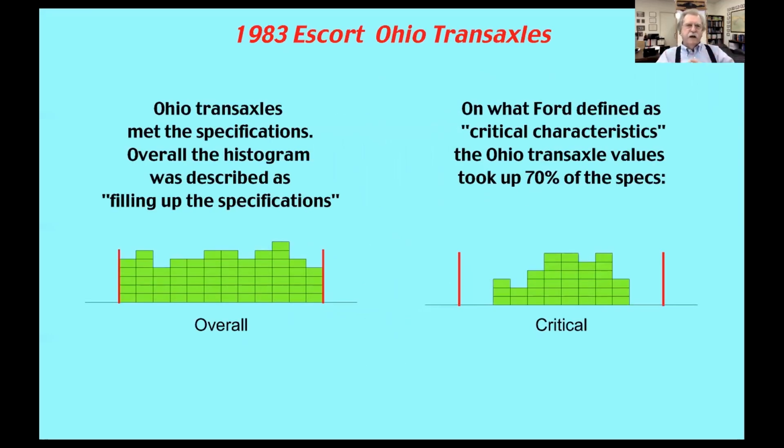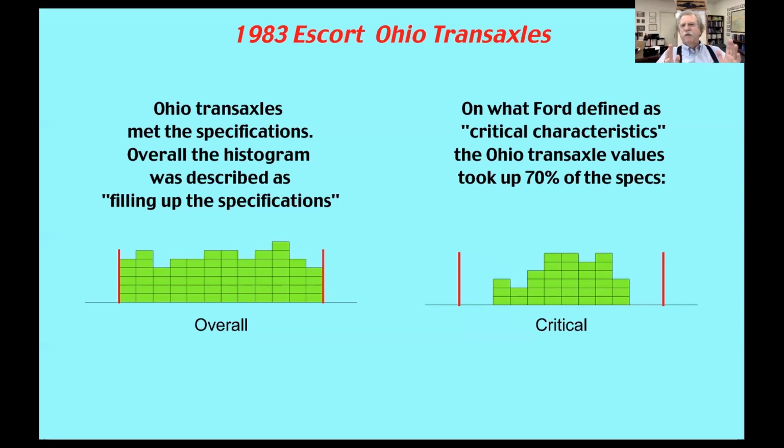They put out a videotape on this, and I inherited David Chambers' copy of this. You couldn't buy it after a while because GM bought too many copies, so Ford quit selling it. The Ohio transaxles met the specifications, but on the videotape they said overall the histogram was described as filling up the specifications.